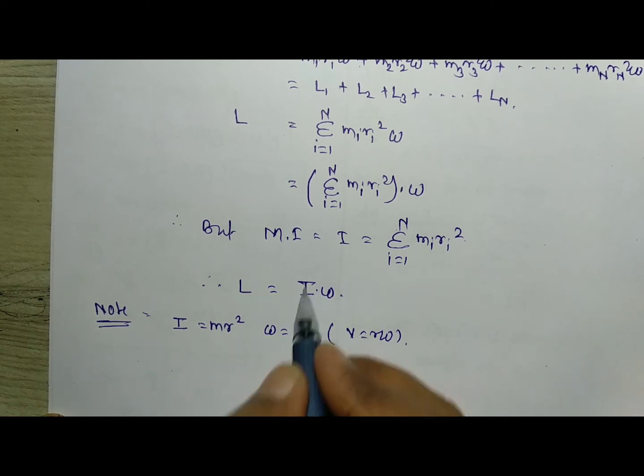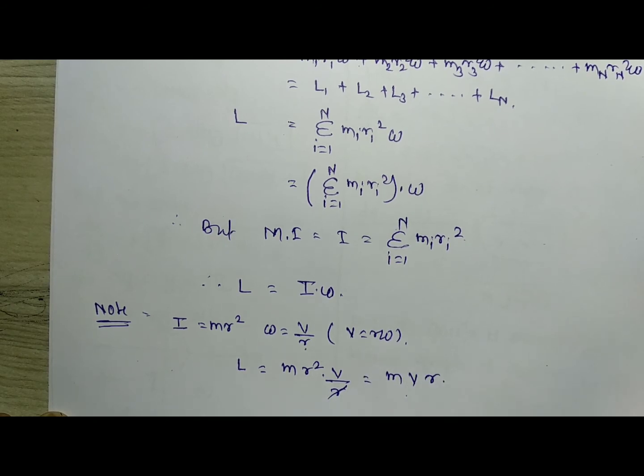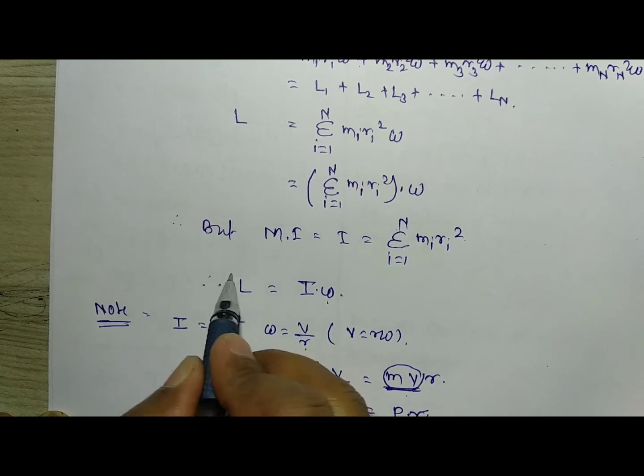Putting those values inside, L is equal to m r square into v divided by r. One r and one r cancel, and you get m v r. We know that mass into linear velocity is nothing but linear momentum, denoted by p, so L is p into r.